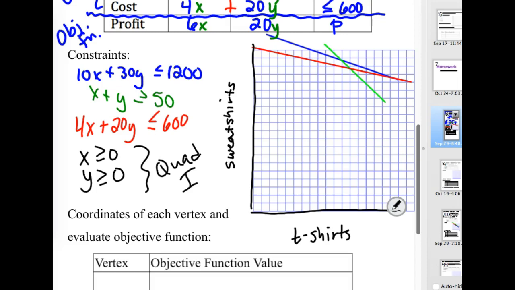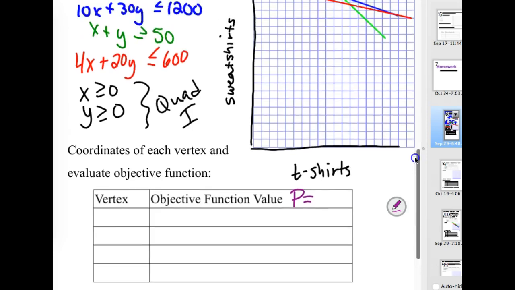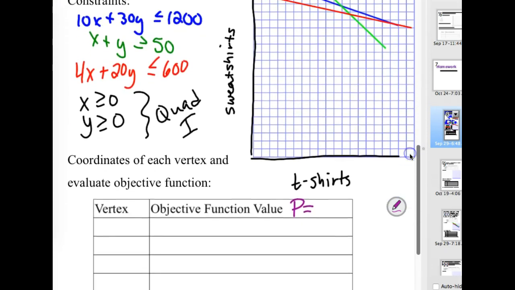Now, the bottom of my chart here, where we have profit, remember we said that's our objective function. So I'm going to write that down here in my bottom table. Profit equals, what did we have? What was it, 4x? No, 6x plus 20y. Okay, I'm not going to graph that one.